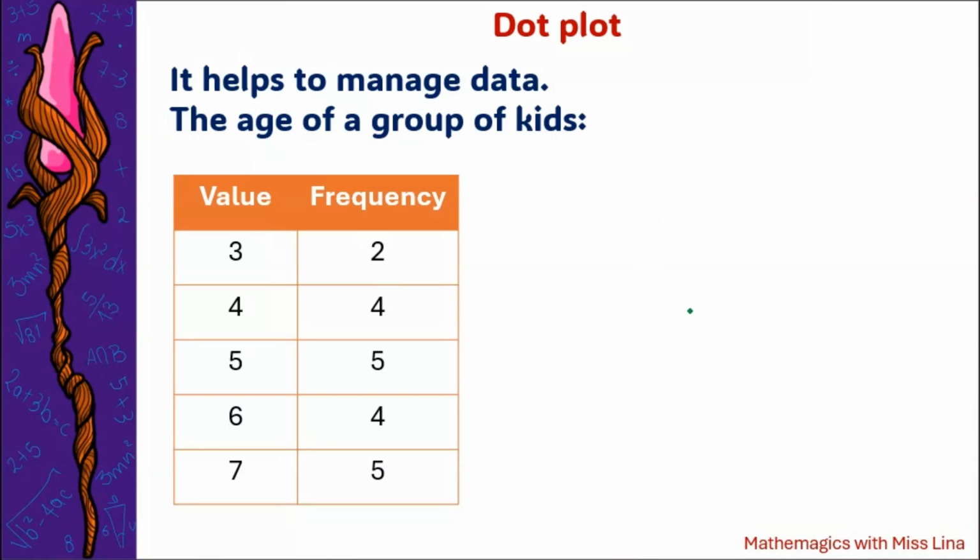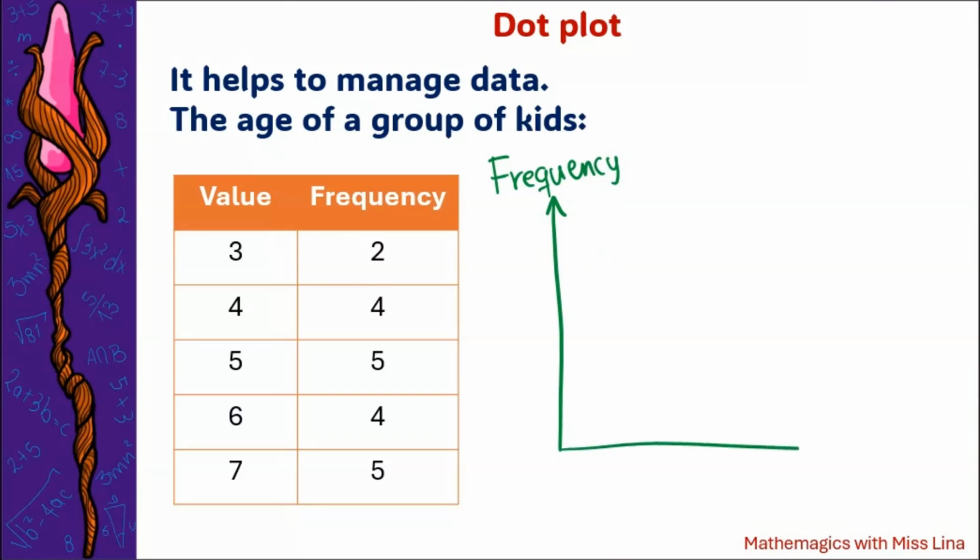The first thing that we need to take into account is that in the dot plot we usually find the frequency in the vertical axis. So here we're going to have the frequency, how many times something is happening, or how many elements of the same type we are going to find.